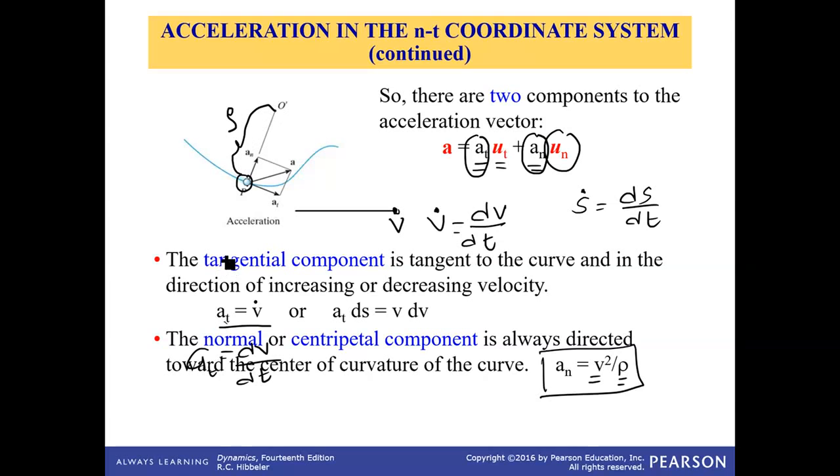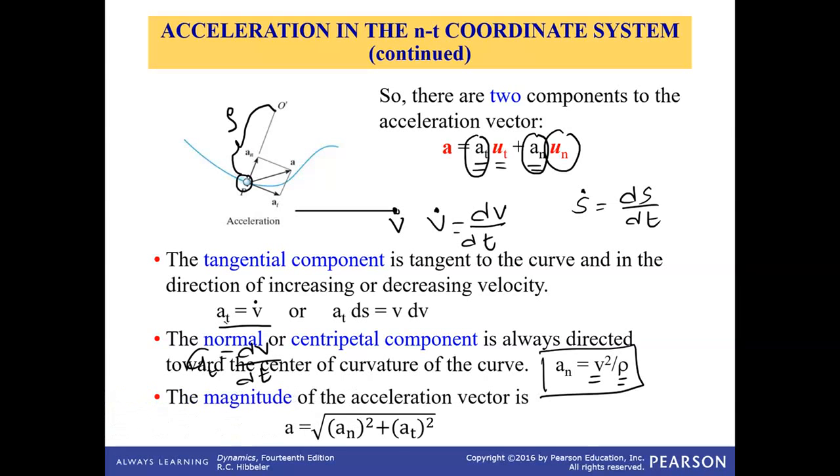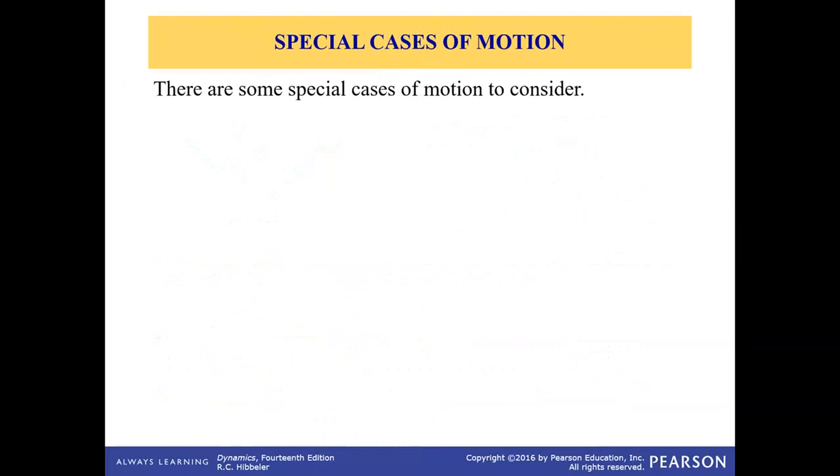Remember that these velocity and acceleration calculations are instantaneous, meaning only for the given instant. Total acceleration can be calculated as a vector as shown by this equation, and its magnitude is the square root of the normal component squared plus the tangential component squared.